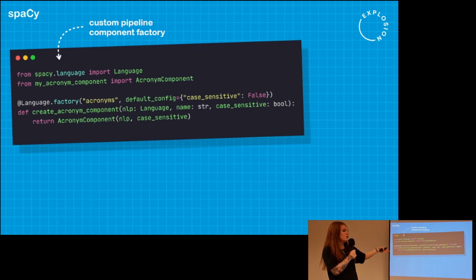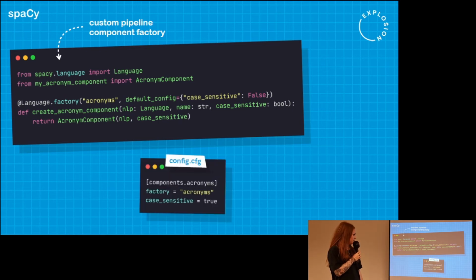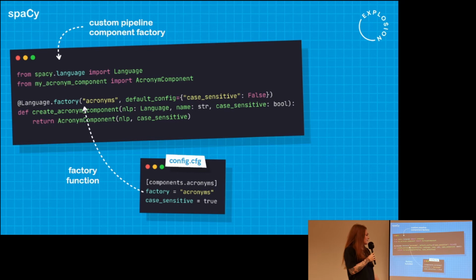It always takes the NLP object, which you can use to access the vocabulary. It takes the name. And then here we have any custom settings that we come up with that you can pass forward to your component. And then that's pretty much exactly how also the built-in components in spaCy work. And you can reference it in your config. All other arguments on the factory become config settings, so you can use the exact same mechanism.